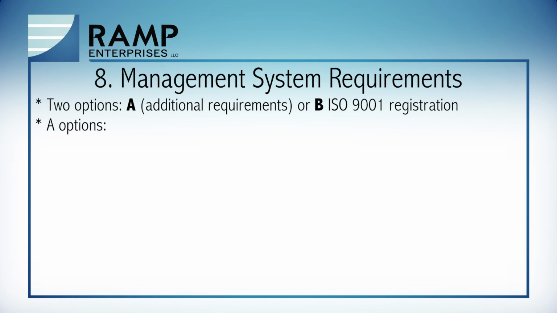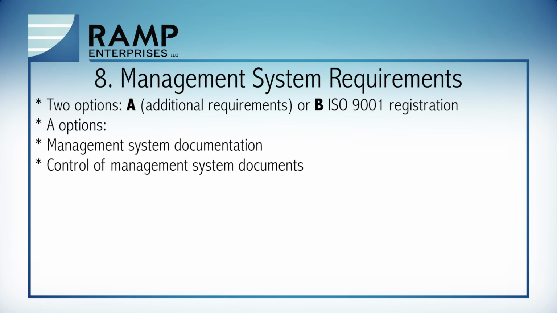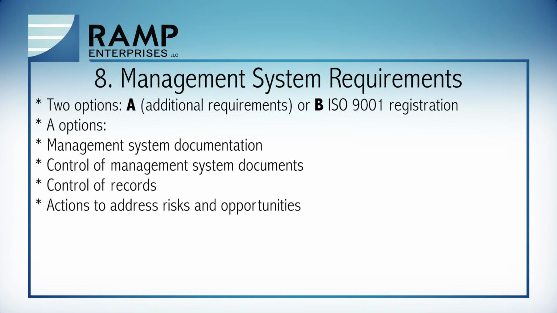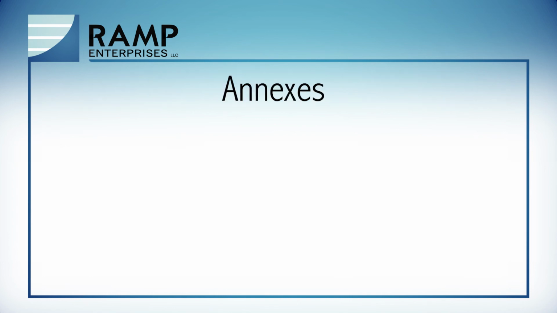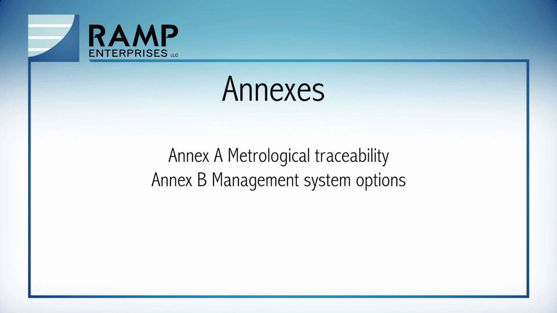A options include management system documentation, control of management system documents, control of records, actions to address risks and opportunities, improvement, corrective actions, internal audits, and management reviews. The annexes provide additional information that is very helpful. Annex A has metrological traceability. Annex B has management system options.